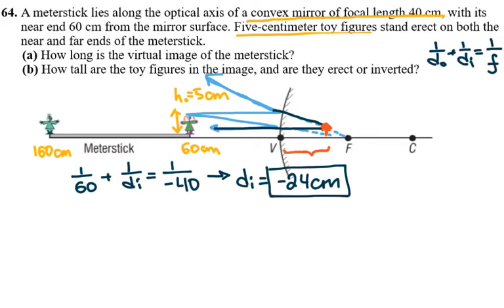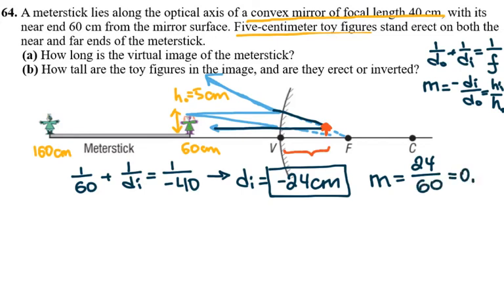And if I do the magnification, the magnification formula is negative di over do, and hi over ho. So negative di, that's 24, and the distance to the object is 60. That will give me 0.4.